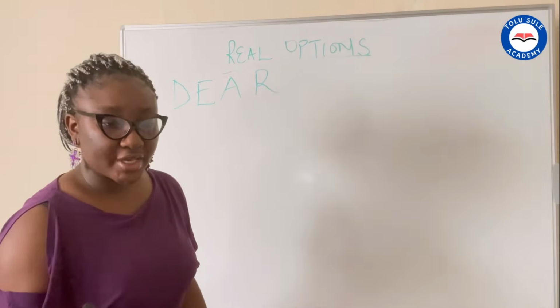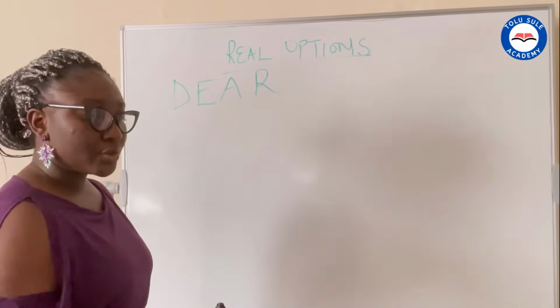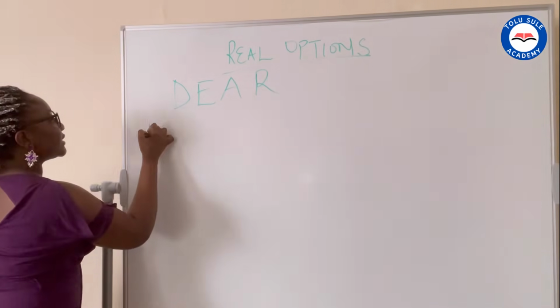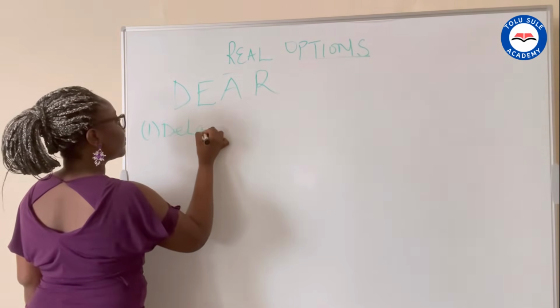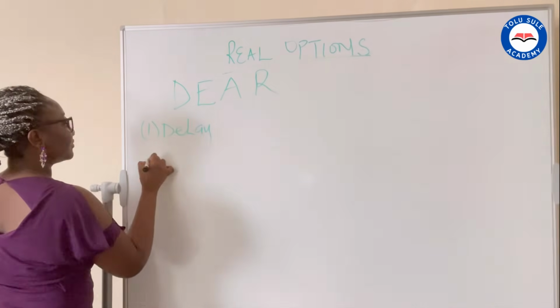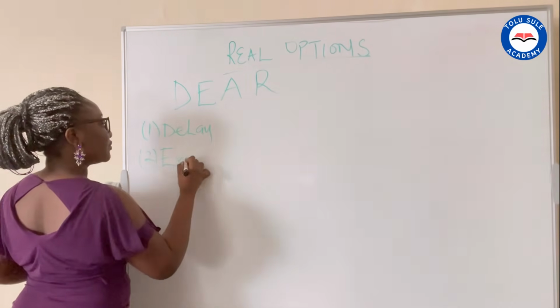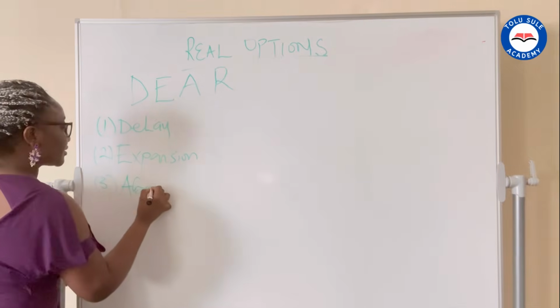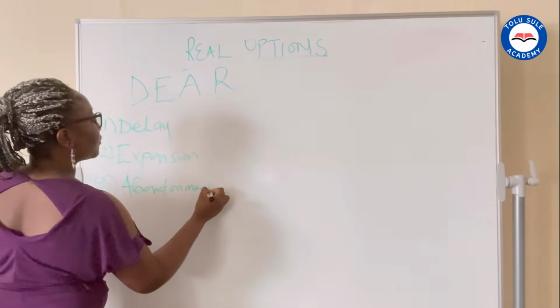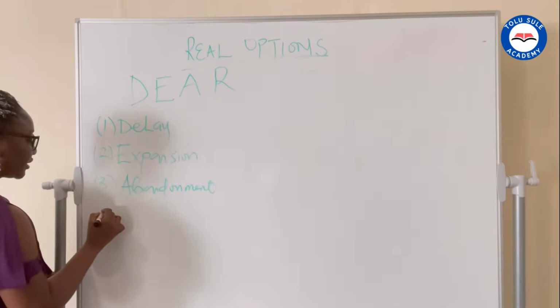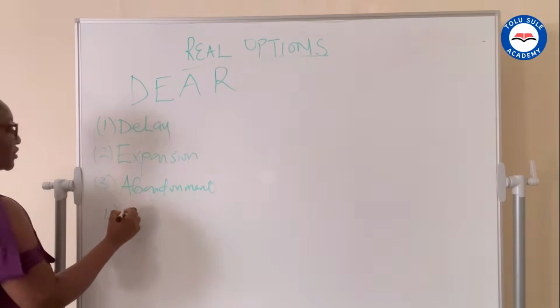In every question you get, ask yourself, what is the situation? What's happening? Is it a delayed decision, that's D, or expansion, abandonment? So these are the 4 situations. Then number 4 is redeployment.